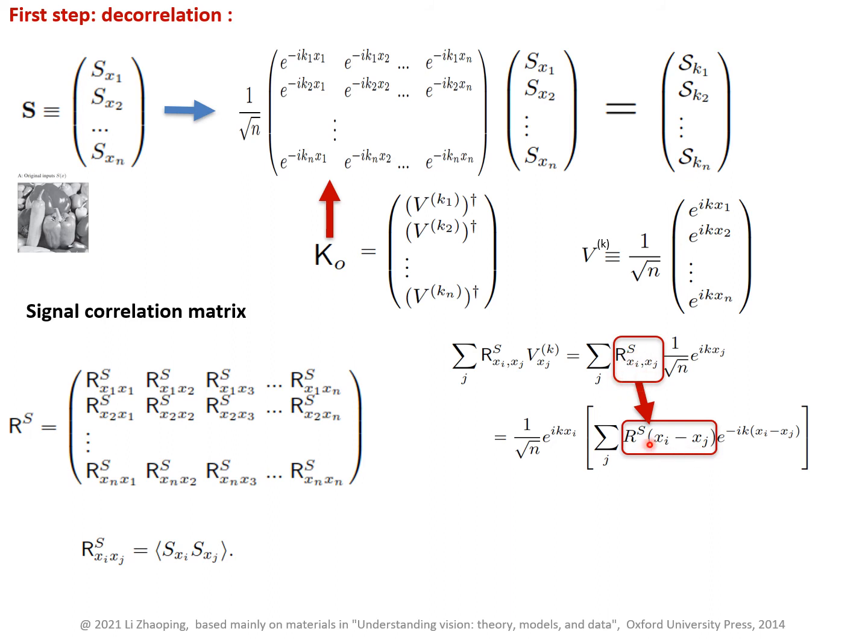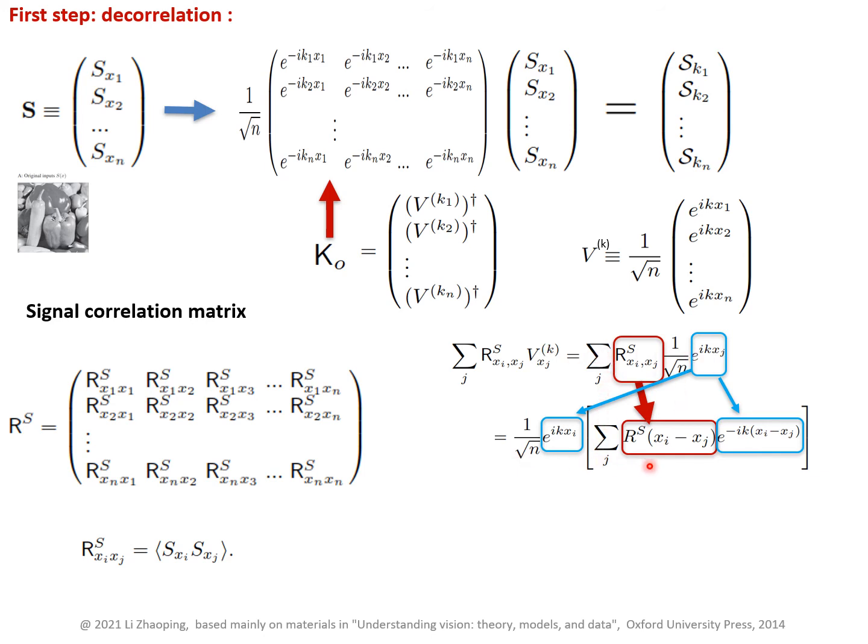This correlation depends only on the distance, that's translation invariance. This term is written out as a multiplication of two terms. So e^{ik xj} is still e^{ik xj} here, but you add an e^{ik xi} here, with a negative sign and a positive sign, and they cancel each other. So this single element is split into two, still summing over j, and this is equal to that.